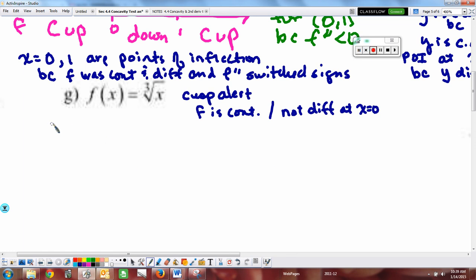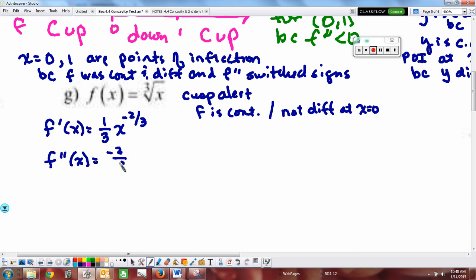So let's see what happens when we run our concavity test. Our derivative, again I'm thinking of this as x to the 1/3, so it'd be 1/3 x to the negative 2/3. And our second derivative, again fairly easy, would be negative 2/9 x to the negative 5/3. So we end up with negative 2 over 9 cube root of x to the 5th.